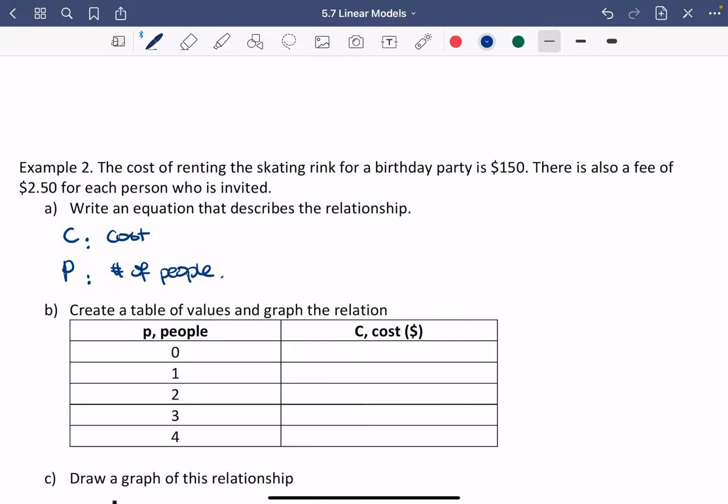Well, I know the cost will include the $150, and $2.50 for each person. So the total cost will be $150 plus $2.50 times P. So the cost will depend on the number of people being invited.